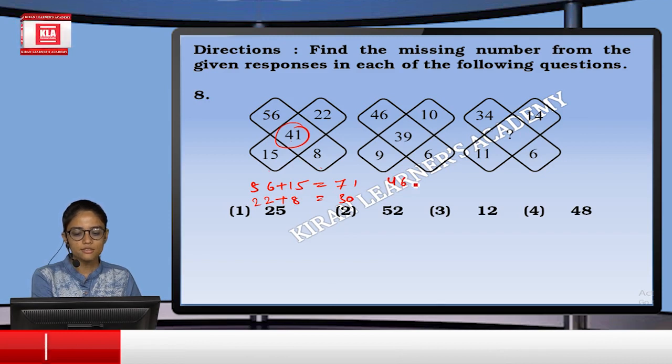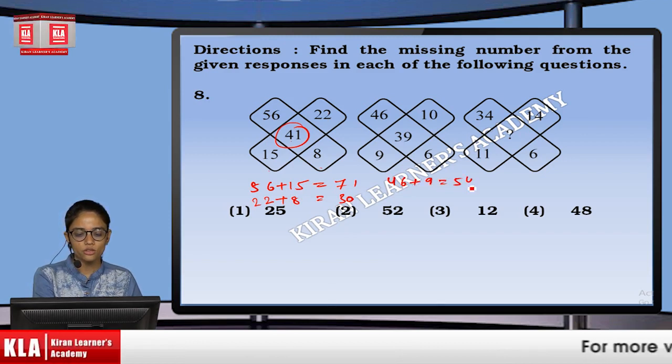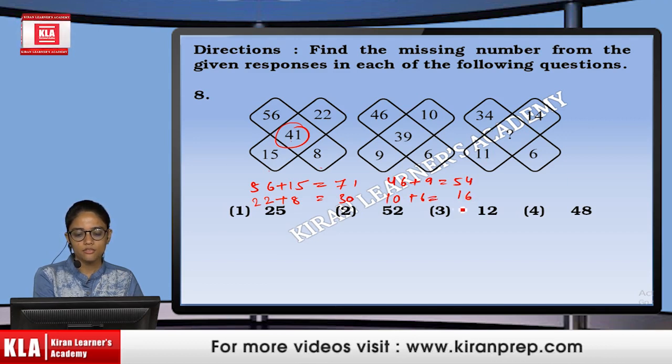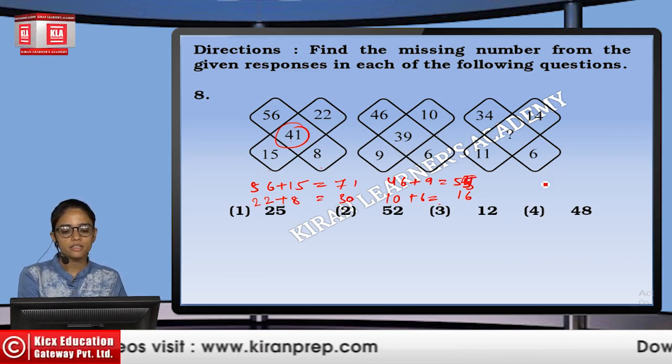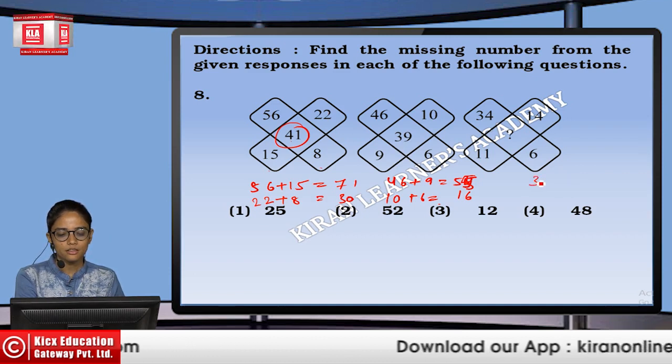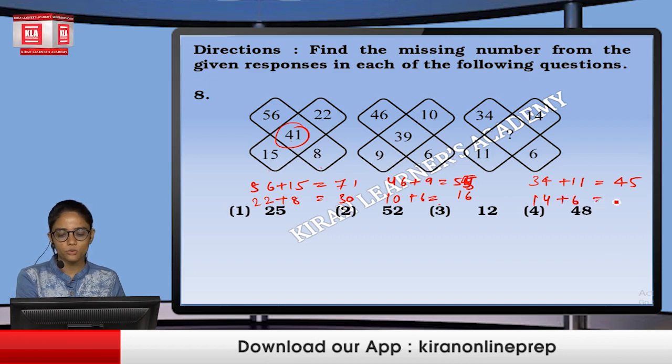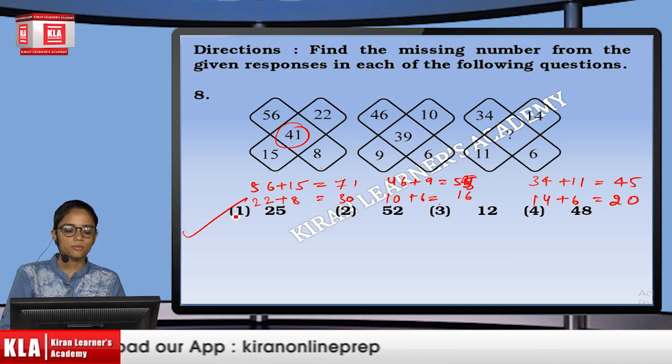Similarly, 46 plus 9 will give us 55. Then 10 plus 6 will give us 16. If we subtract them, we can get 39. Similarly, 34 plus 11 will give us 45. 14 plus 6 will give you 20, and if we subtract them, we can get 25. That is option number 1.